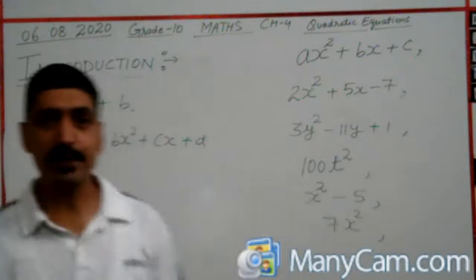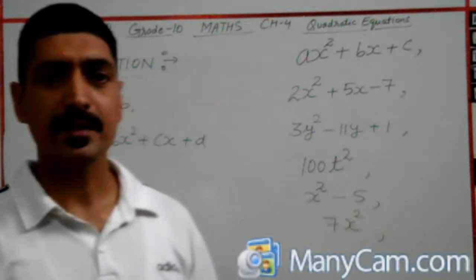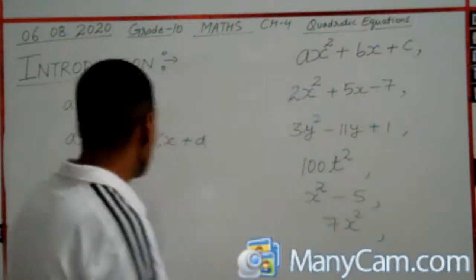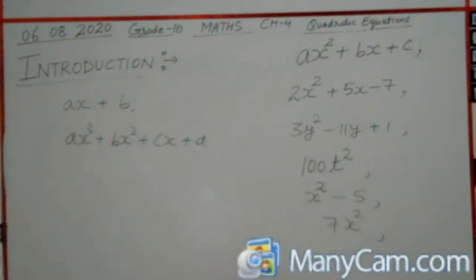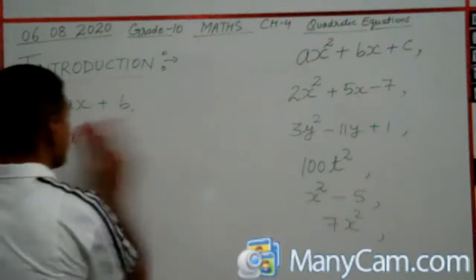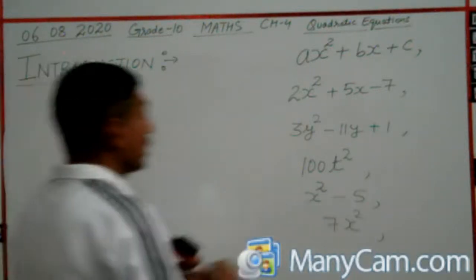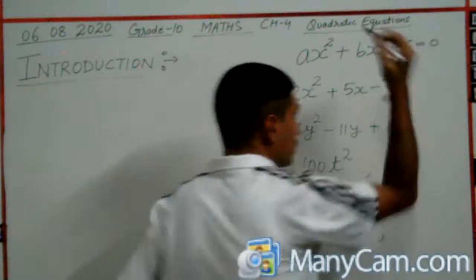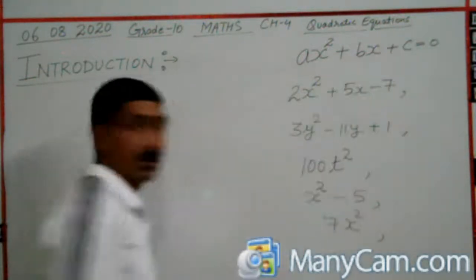But when we are talking about quadratic equations, we have the equal to sign. This is the standard form of the quadratic equation, right?